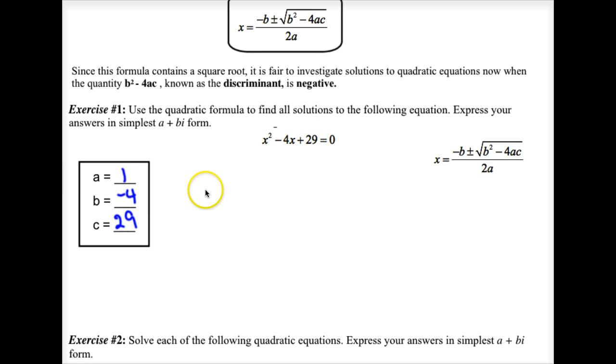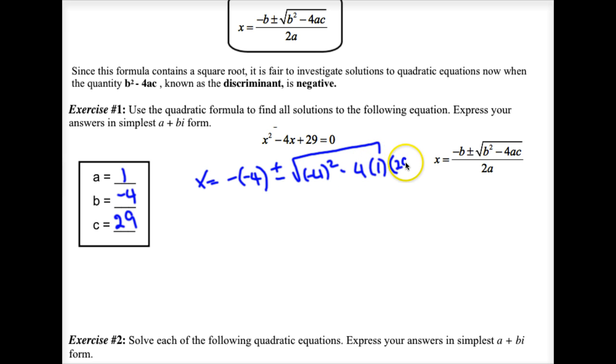Using my quadratic formula, x is equal to minus b plus or minus the square root of b squared minus 4 times 1 times 29.